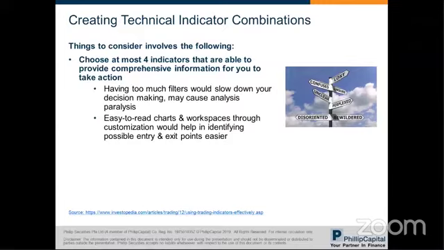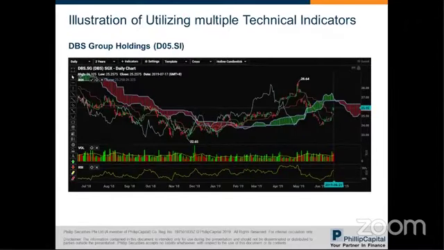It's important to make your charts and workspaces easy to read, so that you have a clearer and faster way to pinpoint the entry and exit points. So this is one example where you have Ichimoku clouds on it.